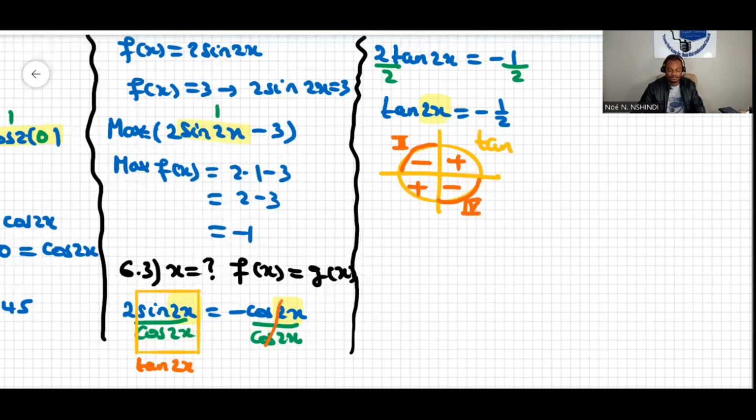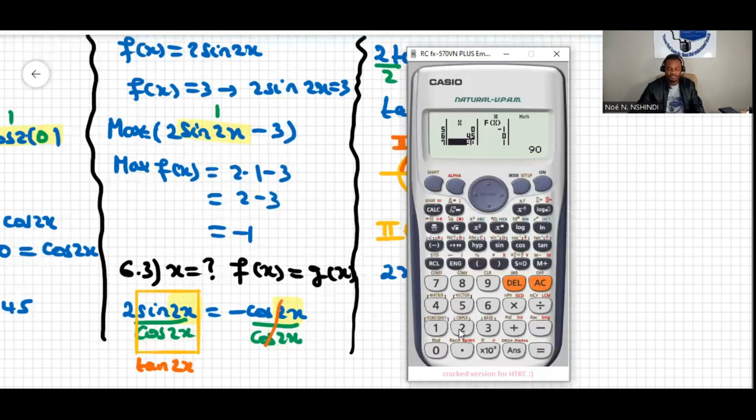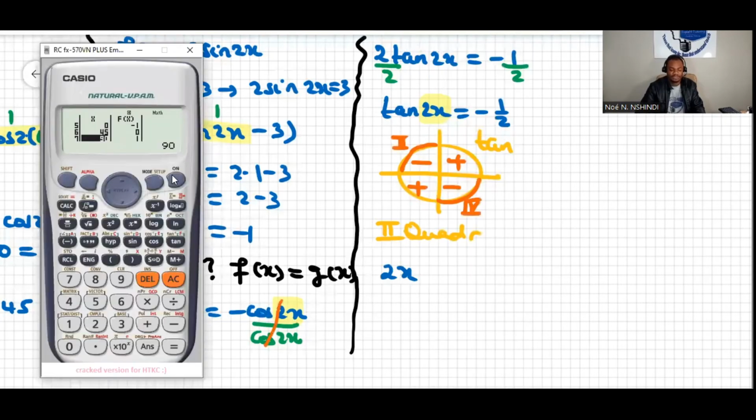Now, in the second quadrant, if they say tan 2x is equal to -1/2, what is the value of 2x? 2x will be equal to what? When I use the calculator, press on and then press mode and then 1 to get mode 1.